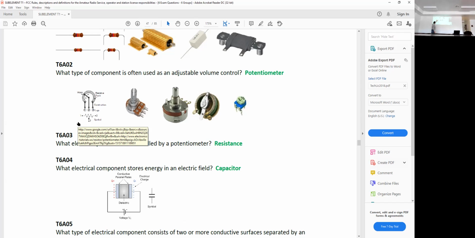So when it's all the way to the right, you'd get minimum resistance, and when it's all the way to the left, you'd have maximum resistance. And you can remember the symbol because it's our up and down resistor symbol that we originally talked about in the previous question with the addition of the wiper. Any questions about that?